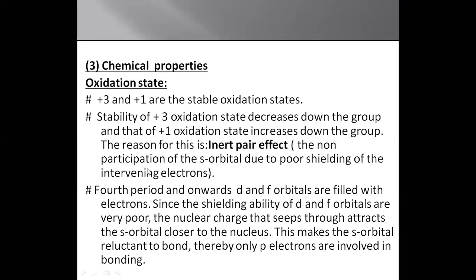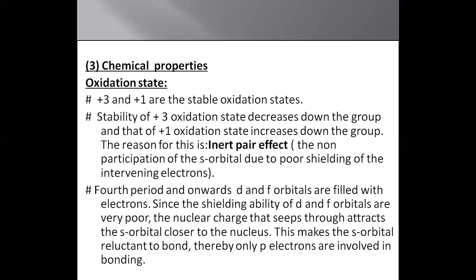Now let us come to the chemical properties of these elements. Let us first speak about the oxidation state. As we know, there are three valence electrons in their outermost shell, so they may have two stable oxidation states, +3 and +1.